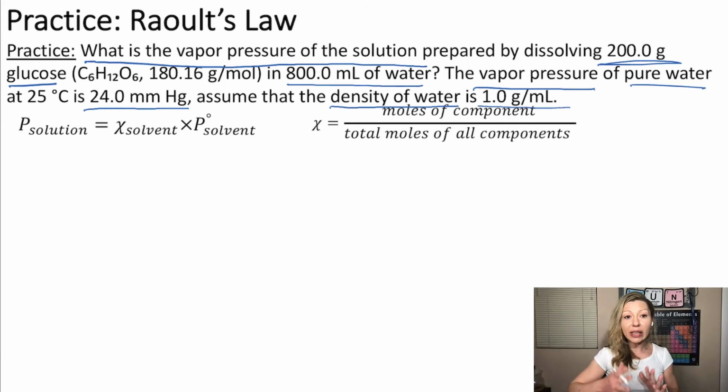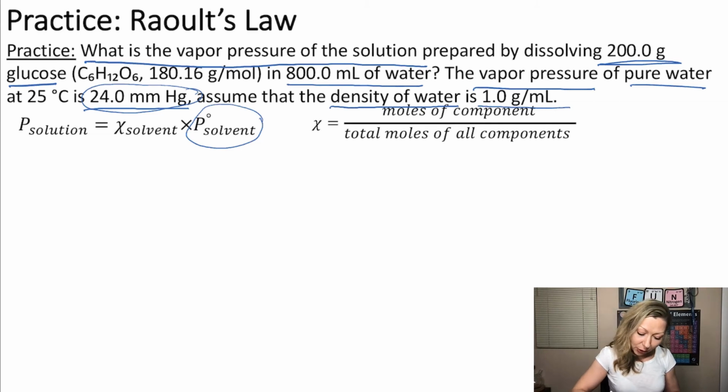So the first thing that we need to do, since we know the vapor pressure of the pure solvent, which is 24 millimeters of mercury, we have to figure out what is the mole fraction of the solvent, or water in this case. So we need the moles of water and also the total moles.